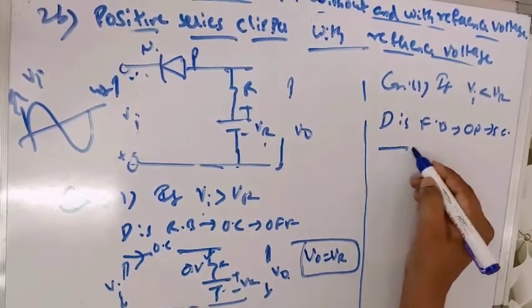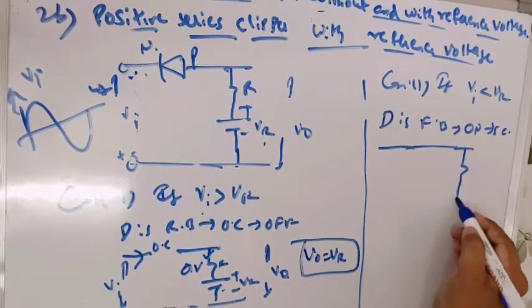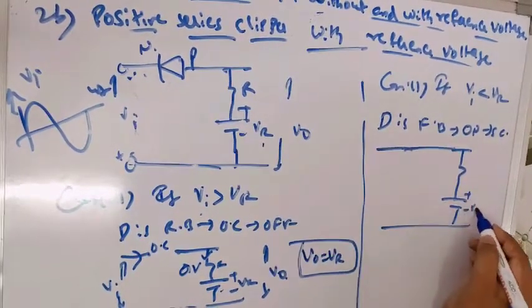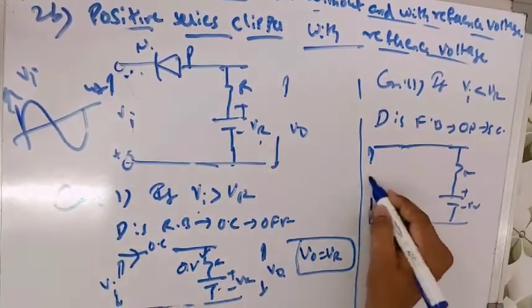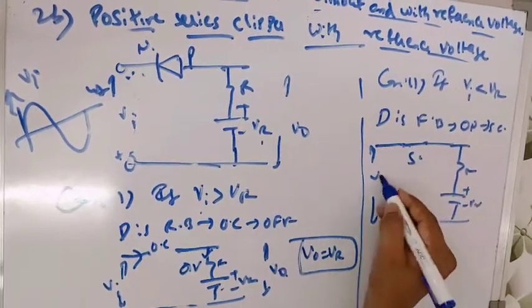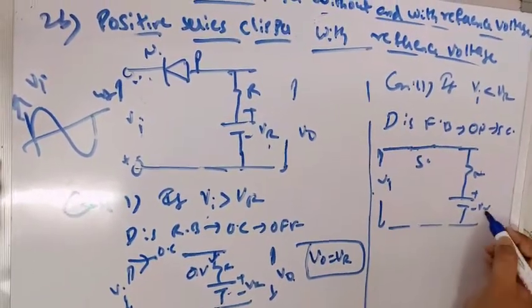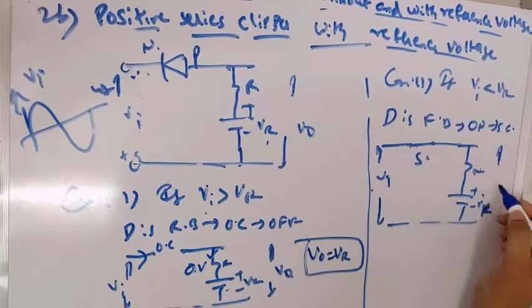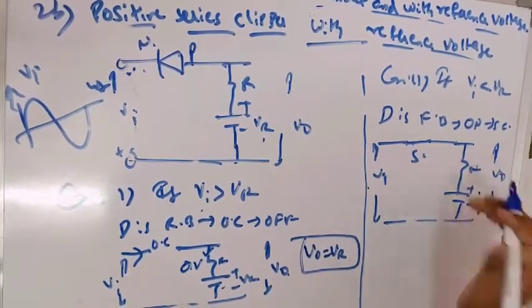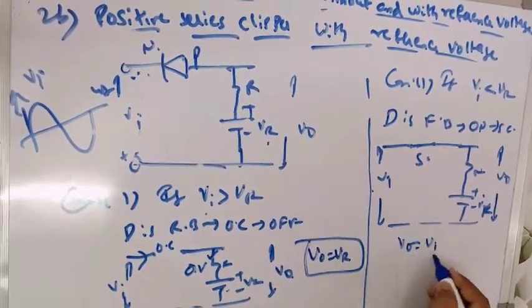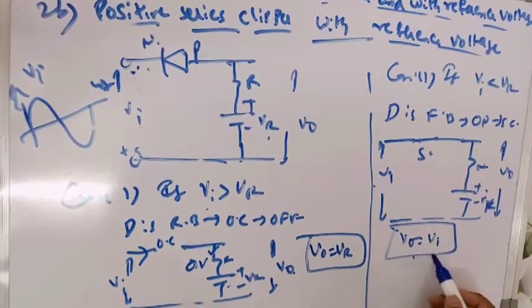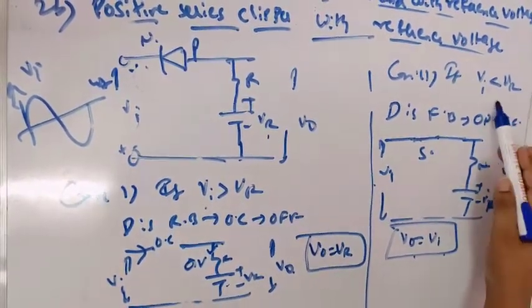So the output voltage is equal to the input voltage, because this is directly connected. Now the input is directly applied across this combination of reference voltage and resistance. Therefore the output is parallel to this combination. V0 is equal to Vi. So the output voltage is equal to the input voltage if Vi is less than VR.